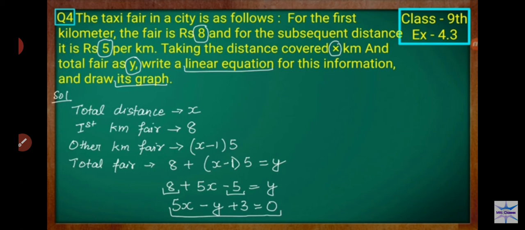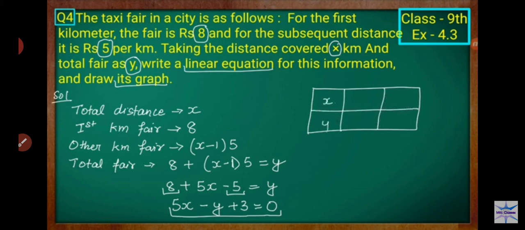Put different values of x and different values of y and complete this table. Okay, this type of table you have to draw, x and y. If you put the value of x as 0, then what is the value of y? See, minus y is equal to minus 3, that means y is equal to plus 3, because the minus cancels, so y is equal to 3.